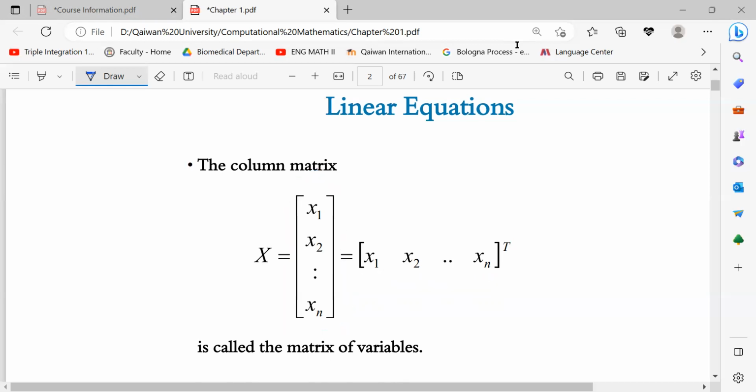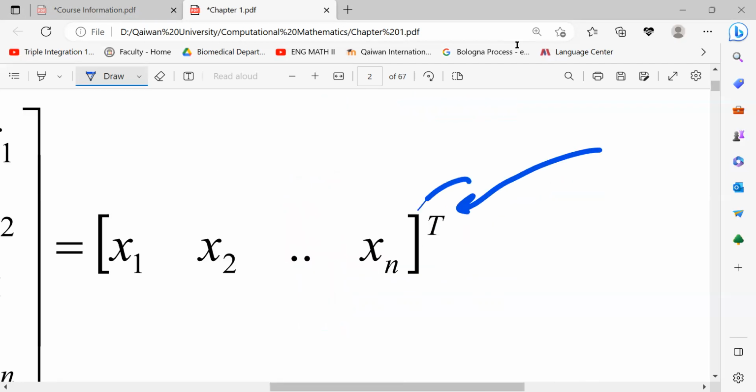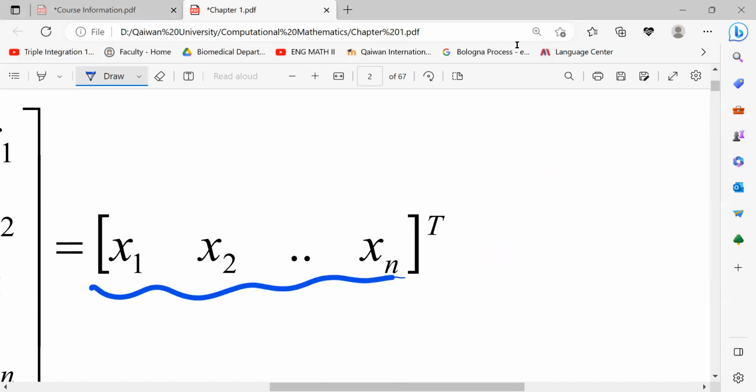And here, this symbol means transpose. This capital T is transpose. So the transpose of this horizontal vector is a vertical vector.